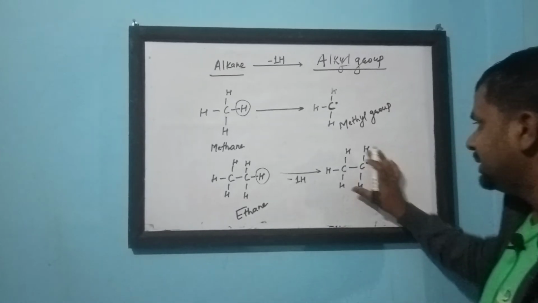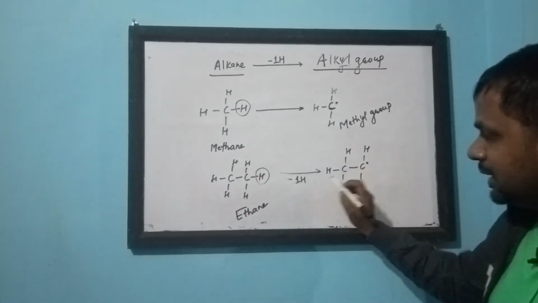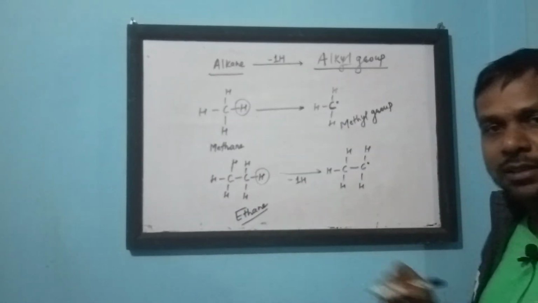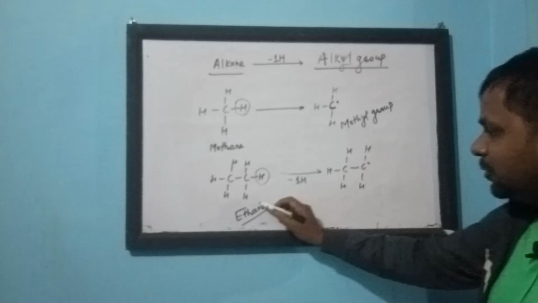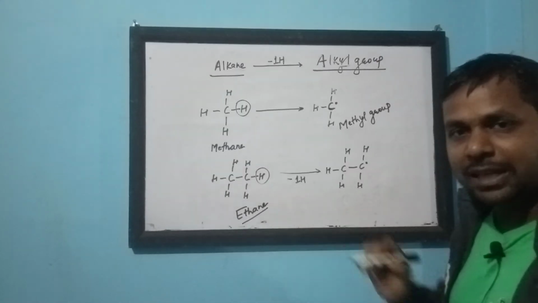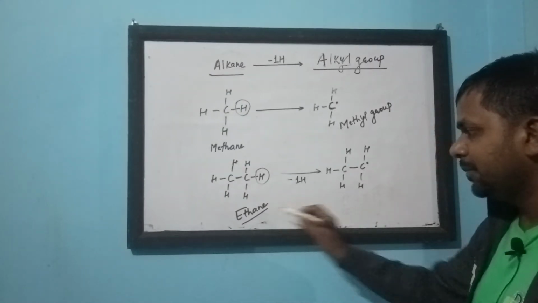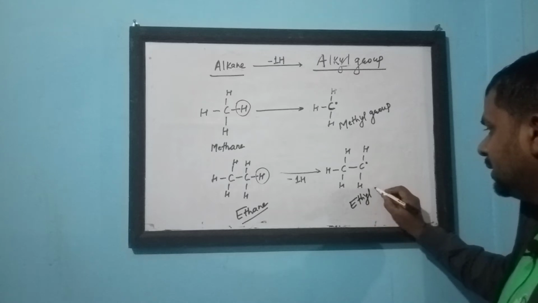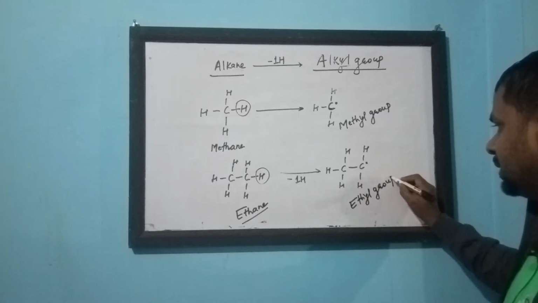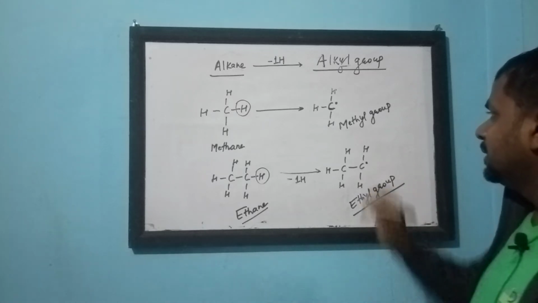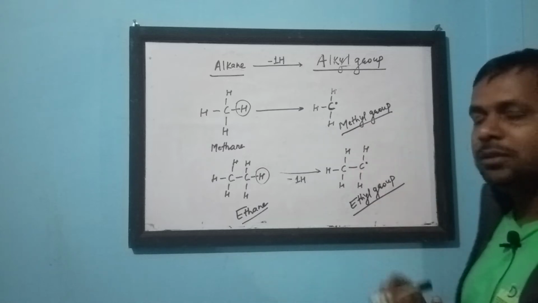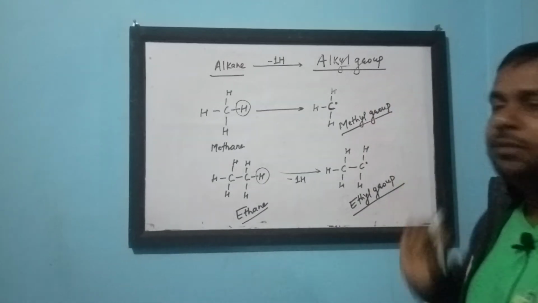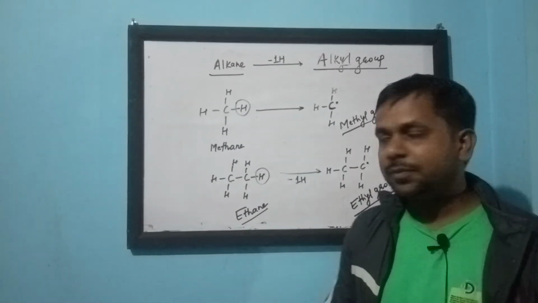Then what will be its name? It is formed from ethane, so A and E will be removed, YL will be kept in this name. So its name will be ethyl group. This is methyl group, this is ethyl group.